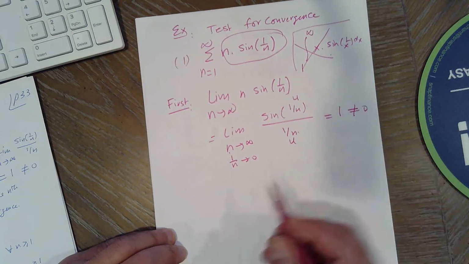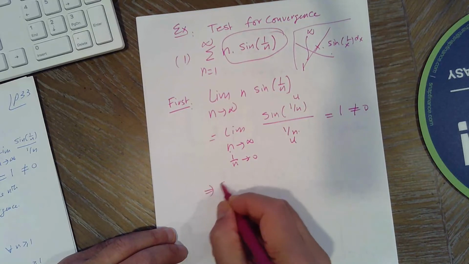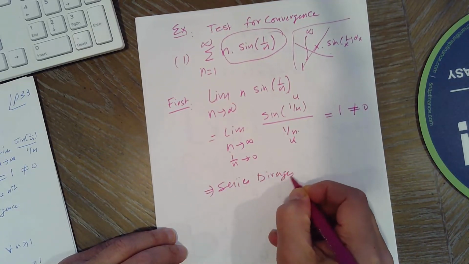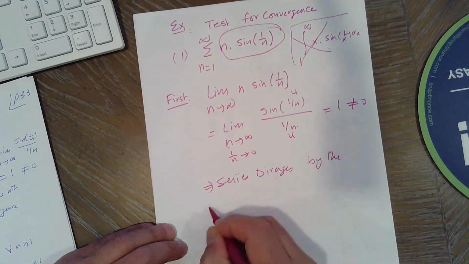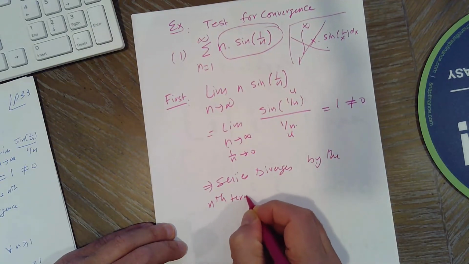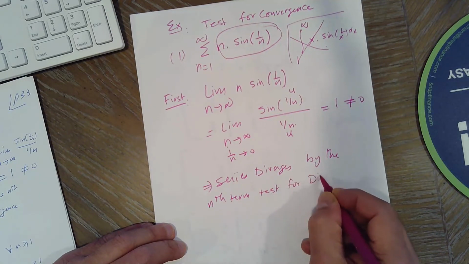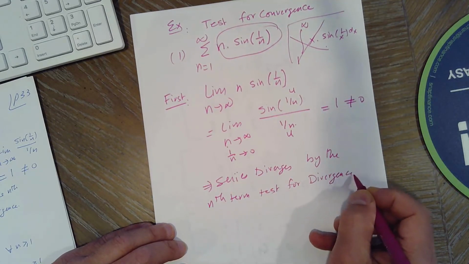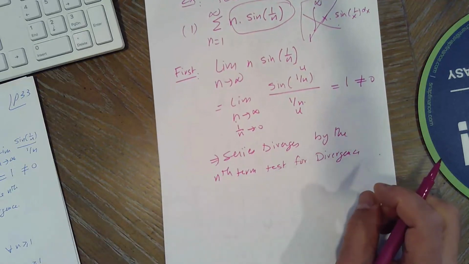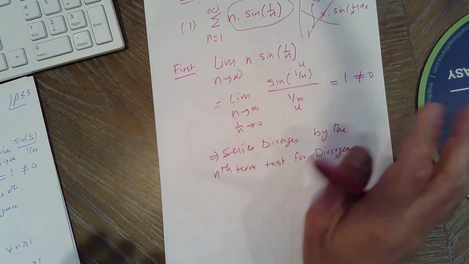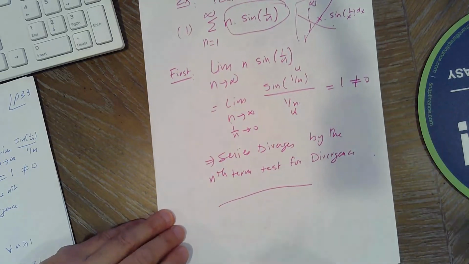As long as it's not 0, then we say the series diverges. And that diverges by the nth term test for divergence. When we talk about strategy for convergence of series, that's the first thing we want to try because it's the easiest one, and the strategy will come later.